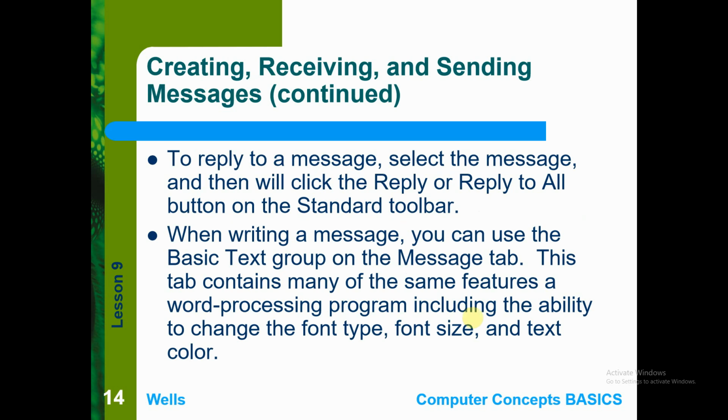So to reply to the message, select the message and click reply or reply all on the standard toolbar. When you are writing the message, the same as earlier, there is the big panel inside. You can edit it in format, depending on font type, font size, and text color.